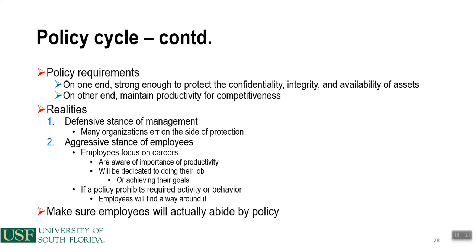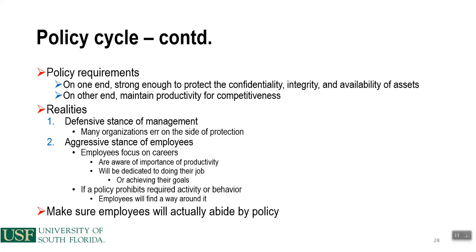Policy requirements on one end have to be strong enough to protect the confidentiality, integrity, and availability of assets. On the other end, they must maintain productivity for competitiveness. So the reality is that there's a defensive stance of management. Many organizations err on the side of protection, and there's an aggressive stance of employees. Employees focus on their careers. They're aware of the importance of productivity. They will be dedicated to doing their job or achieving their goals.